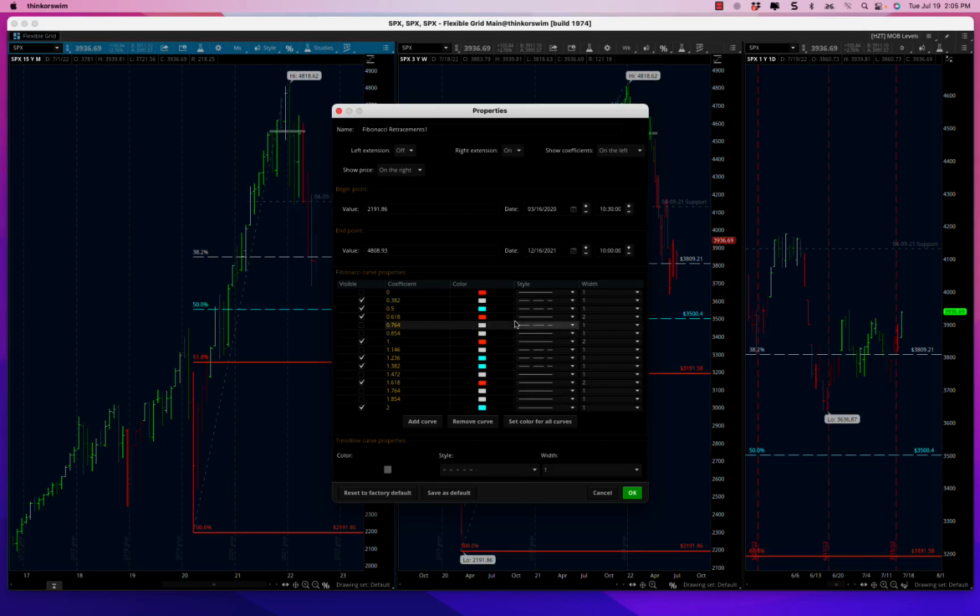All right. So if your fib tool or your fib retracement doesn't include those values, I would encourage you to include those in your fib tool somewhere. 382, 0.50, 0.618, 764, and 854 are intermediate ranges. If you want to add them, you can.